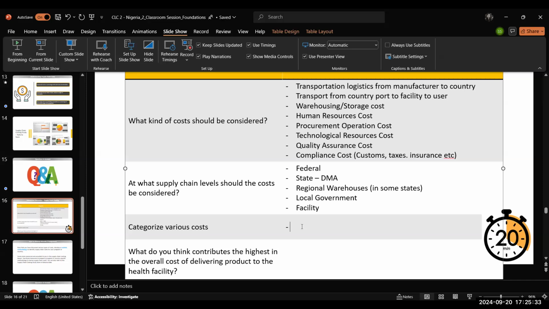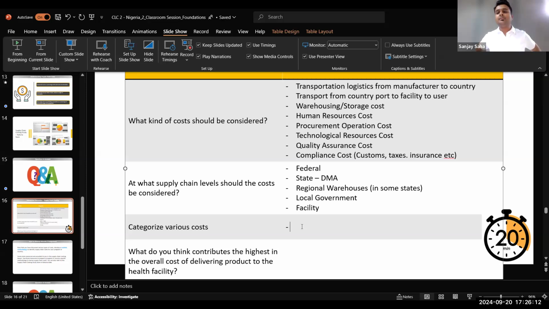But some places are very far from the state central, so there is a need for these stores at the senatorial district level. Maybe six local governments go to Plateau South, Plateau North, or Plateau Central. So there are supposed to be other warehouses, so that everybody doesn't have to come to the state capital to access their medication, because that also increases the cost.